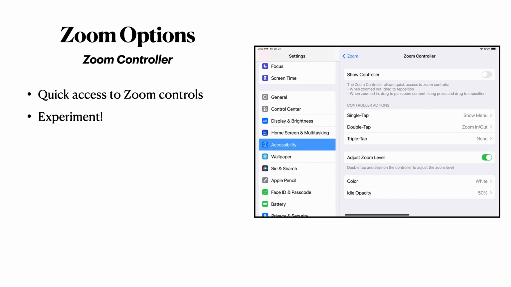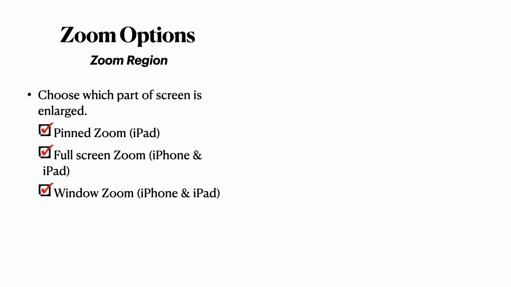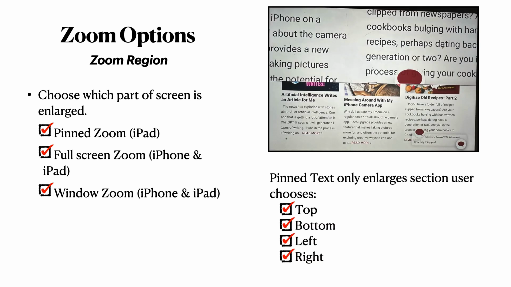Now there are other options. There's the zoom region, and that's where you choose which part of the screen is enlarged. It's something called pinned, which is just on the iPad, full screen, which is on the iPhone and iPad, and window zoom, which is on the iPhone and iPad. Here's an example of pinned, again, which is just on the iPad.